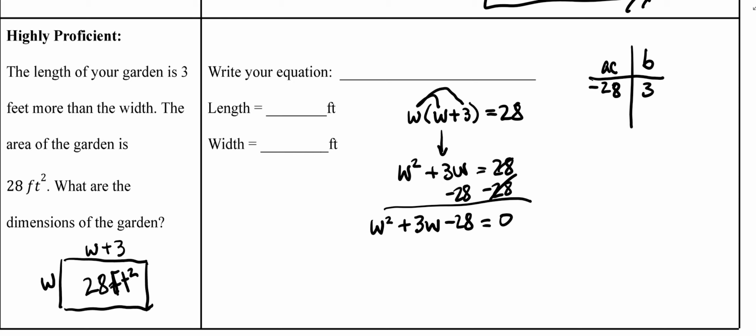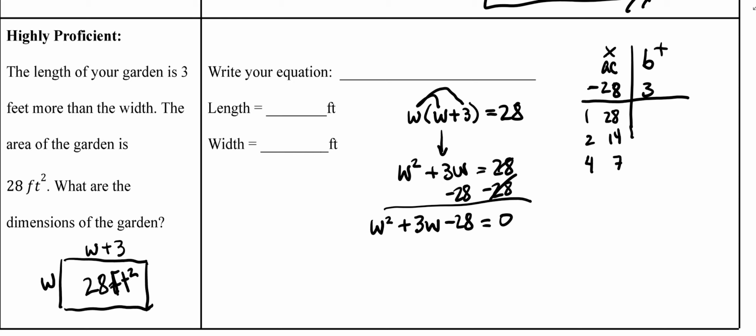And so I'm looking for numbers that multiply to AC but that add to B. And so I'm just going to list them out. 1 times 28 and 2 times 14. 3 won't go into 28, but 4 goes in there 7 times. And then between 4 and 7 are just 5 and 6, and neither of those go into 28. So those are the factor pairs.